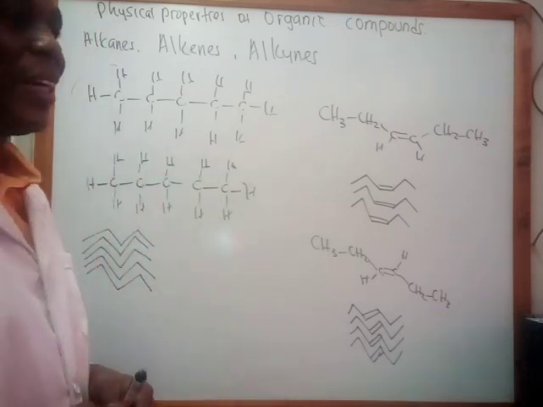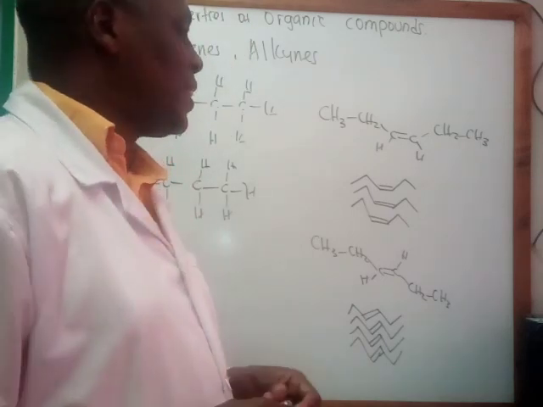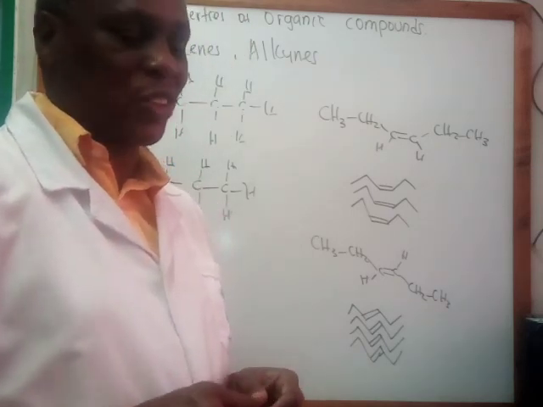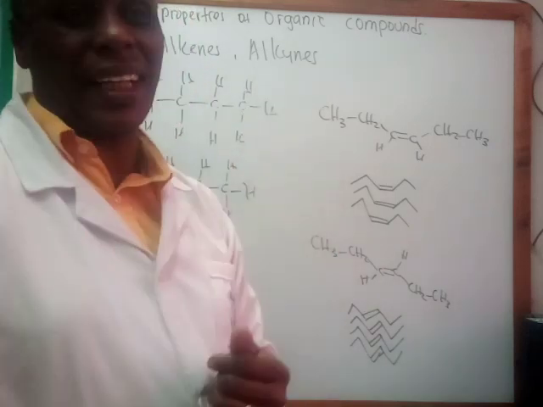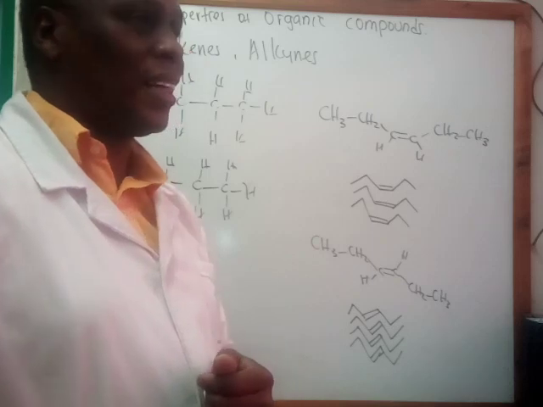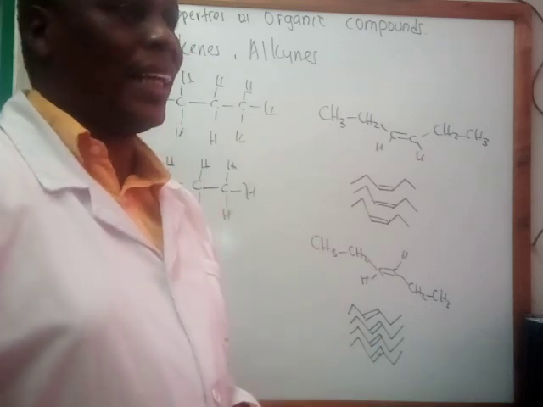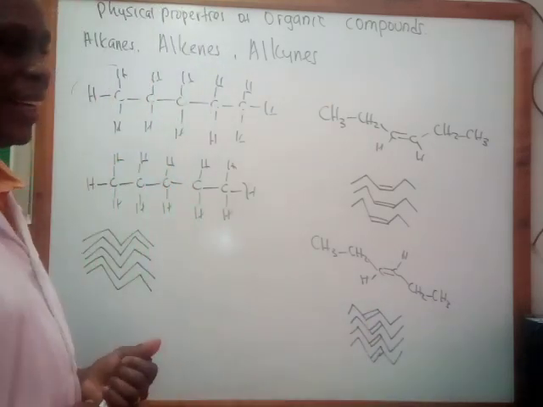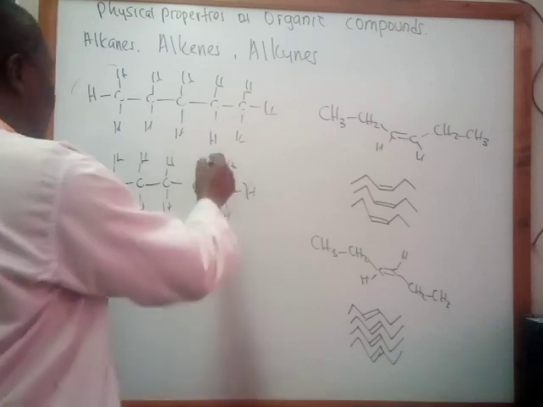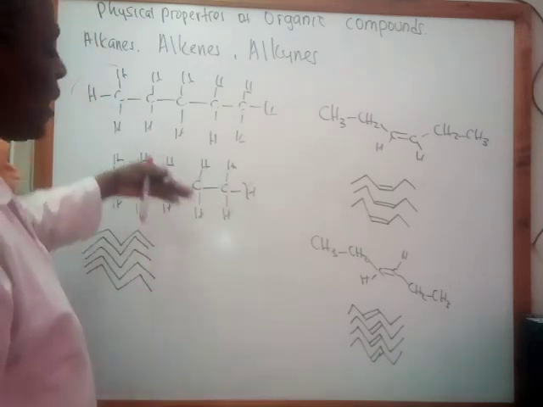So the predominant intermolecular force of attraction in alkanes, alkenes and alkynes is called van der Waals force, or London dispersion forces. These are weak intermolecular forces between one molecule and another one.